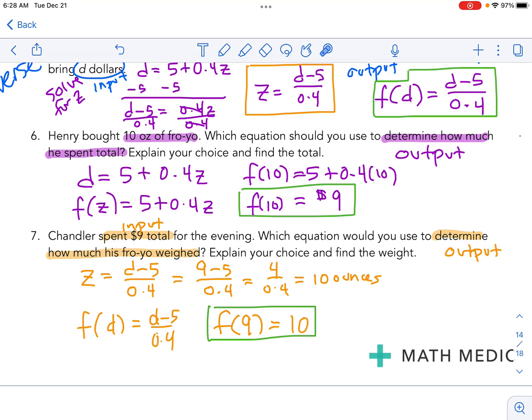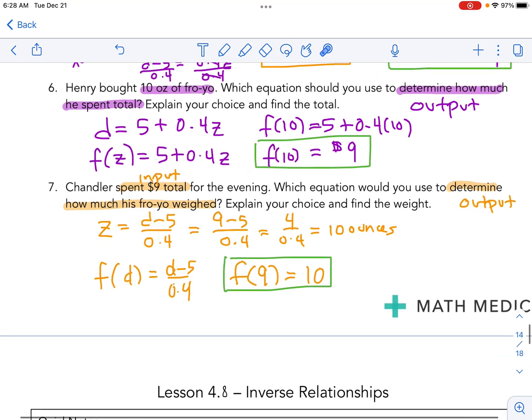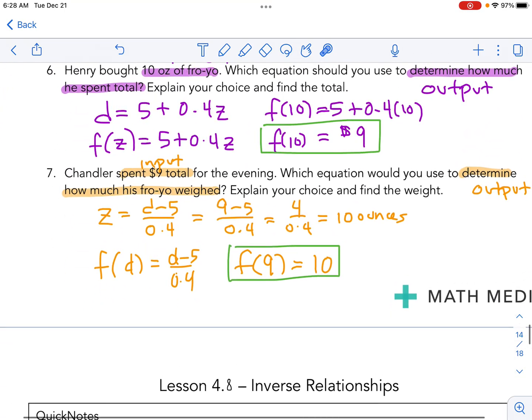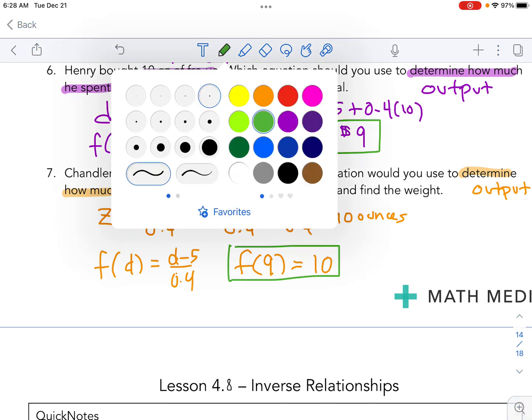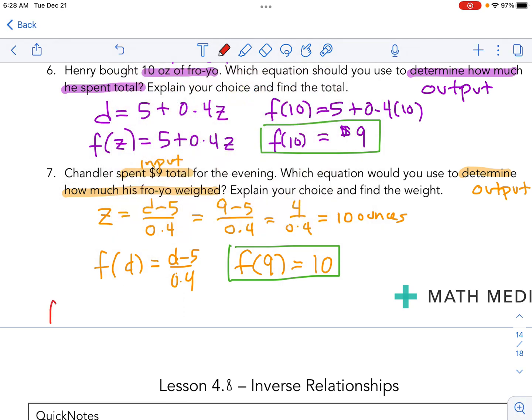And so the notation for that then is that if we have a function, let's go back to the original function, that takes the number of ounces and gives us dollars, then the inverse is going to be taking the number of dollars to give us ounces.